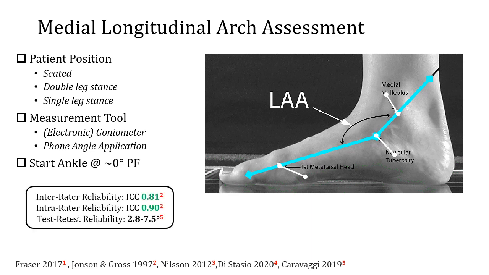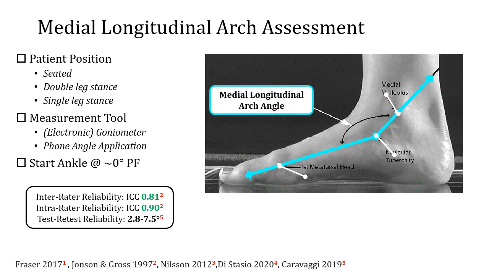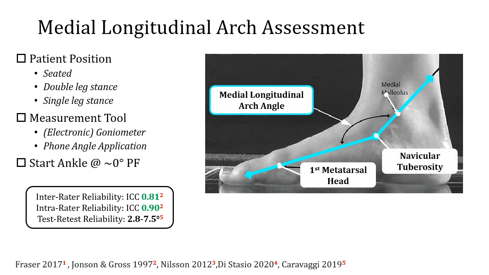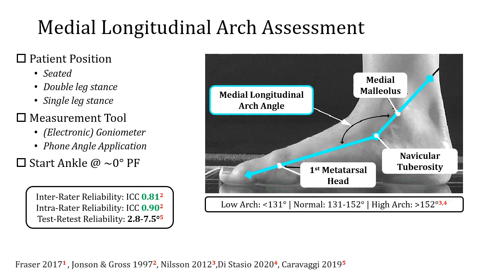The reliability is excellent with the test retest, not only within the rater and across raters, but with the test retest as well. And you can see the actual angle that you're going to be measuring is shown there with the different points of interest being the first metatarsal head, the navicular tuberosity, and then the medial malleoli.